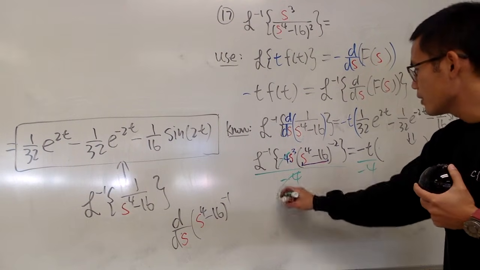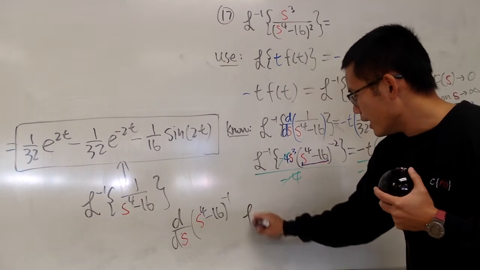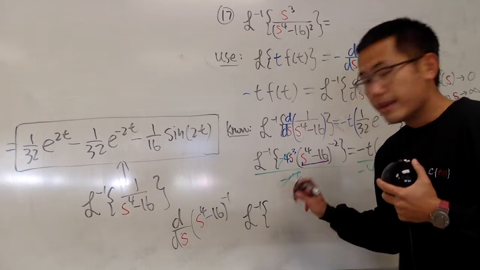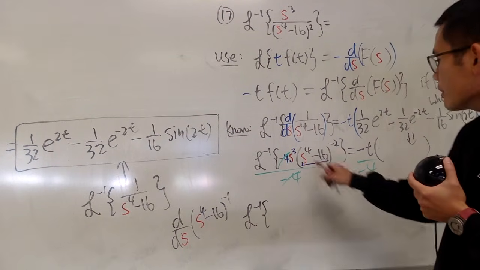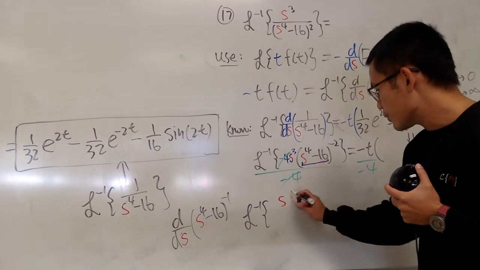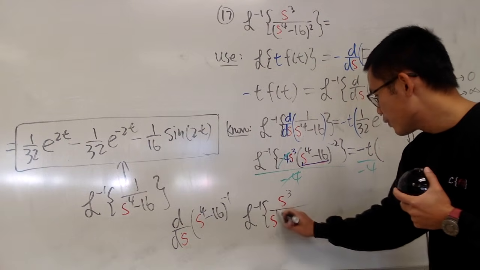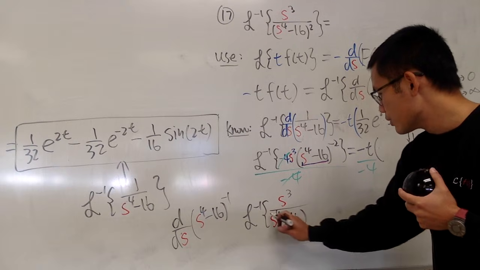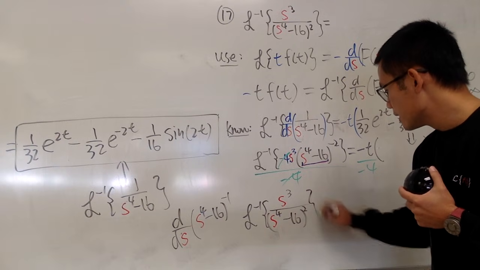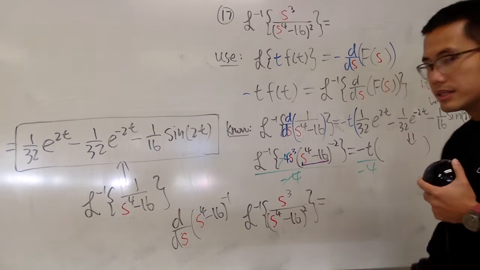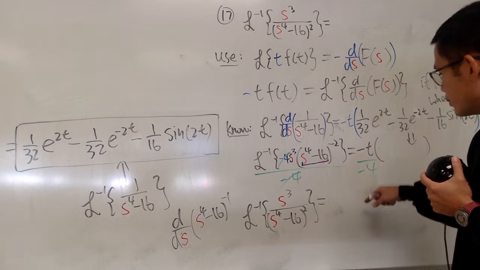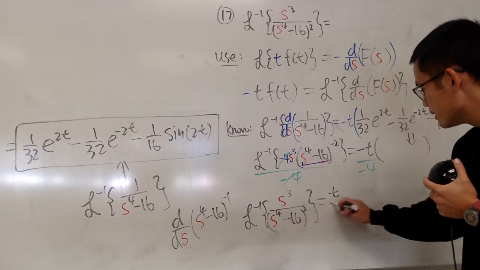So this and that will cancel. Finally, I can tell you the inverse of s to the 3rd power over s to the 4th power minus 16 to the 2nd power is nicely equal to this. This and that reduce to positive t over 4.